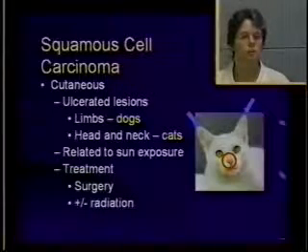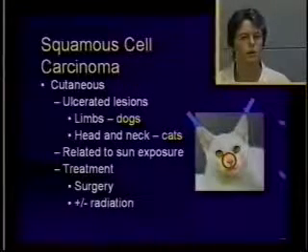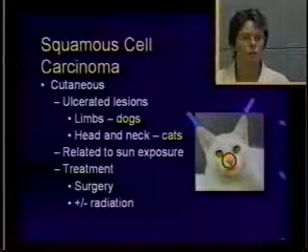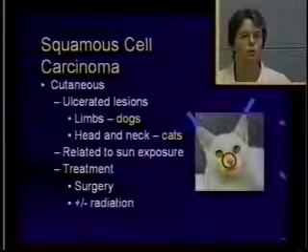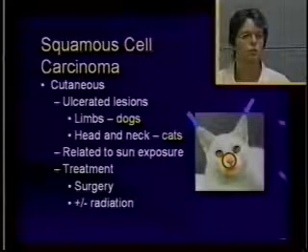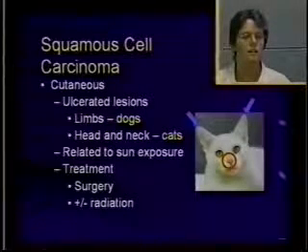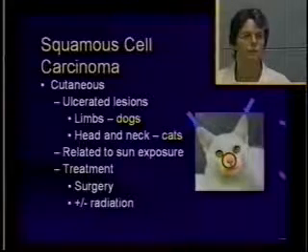It's certainly relatively common in sunny states such as Florida and in high altitude states such as Colorado. The primary treatment for squamous cell carcinoma is surgical removal, plus or minus radiation, again depending on whether surgical margins are clean. It does have a tendency to recur locally, however, so wide excision is recommended.